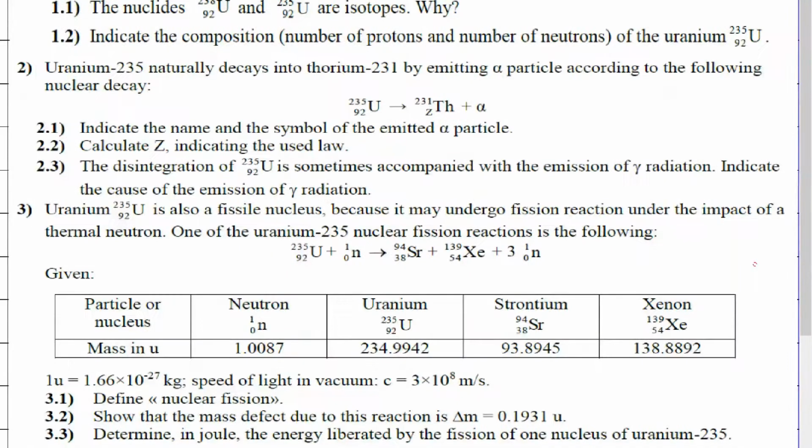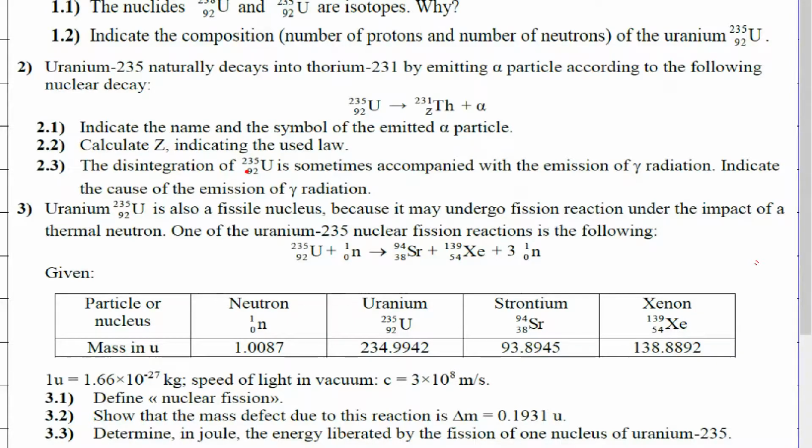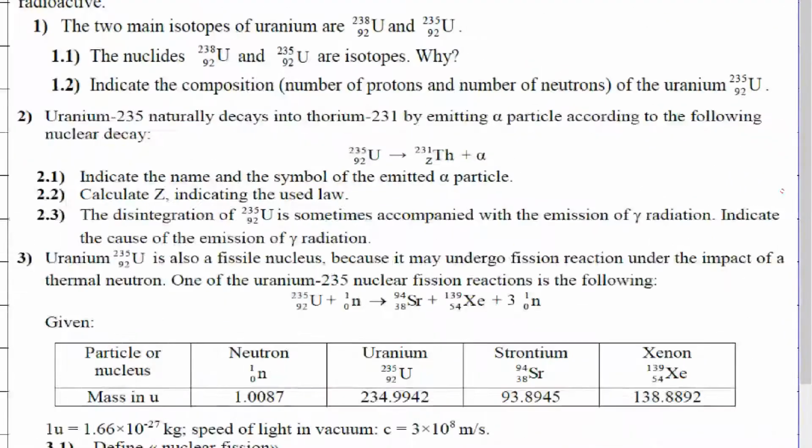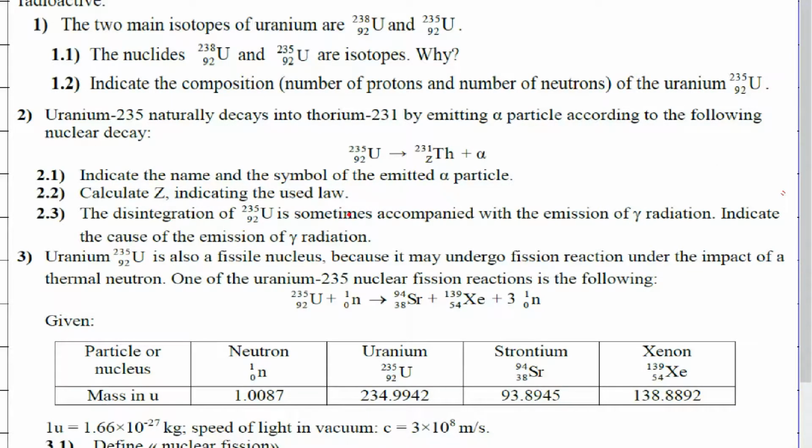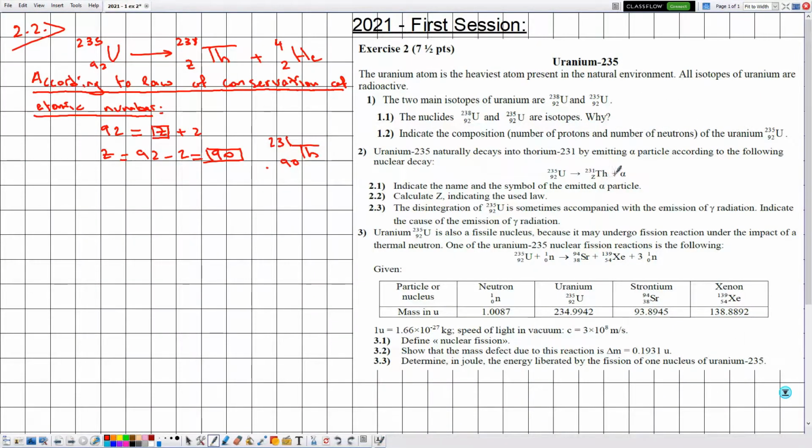Now they are telling us in 2.3 that the disintegration of U-235 is sometimes accompanied with the emission of gamma radiation. Indicate the cause of the emission of the gamma radiation. We know that in some of the cases, the daughter nucleus, which is thorium, exists in an excited state, and whenever it undergoes a transition, this will be accompanied by the emission of a gamma radiation.